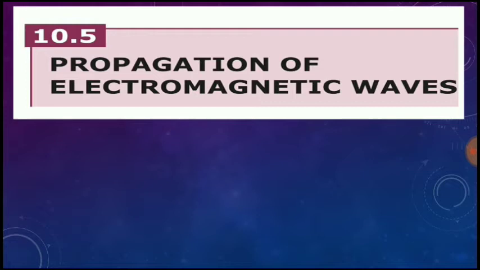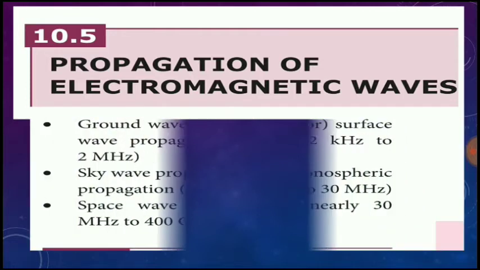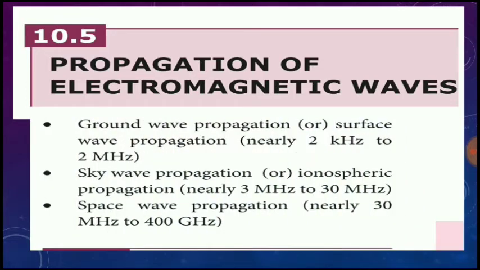And next topic, propagation of electromagnetic waves. The propagation is classified into 3 types: ground wave propagation, sky wave propagation, and space wave propagation, right? The ground wave or surface wave propagation is used for nearly 2 kilohertz to 2 megahertz.